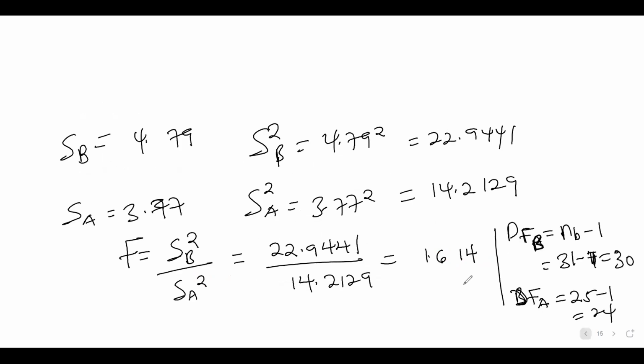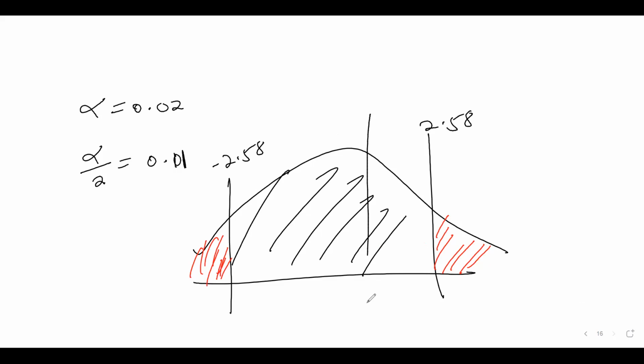Now, our computed F was 1.614, okay? So if you bring it on the graph, 1.614 will be within. So our computed F is 1.614, which is within the bounds, all right?